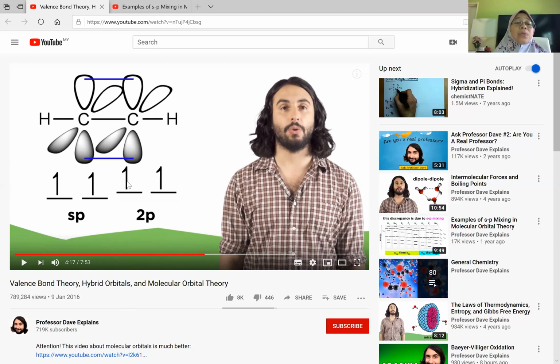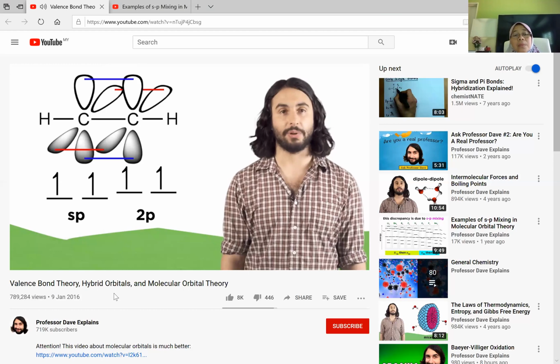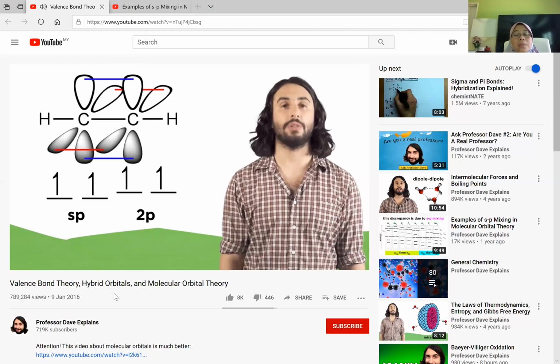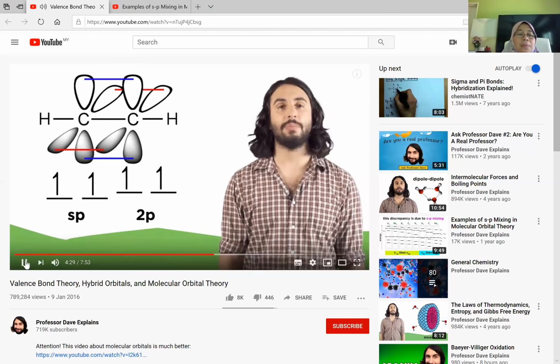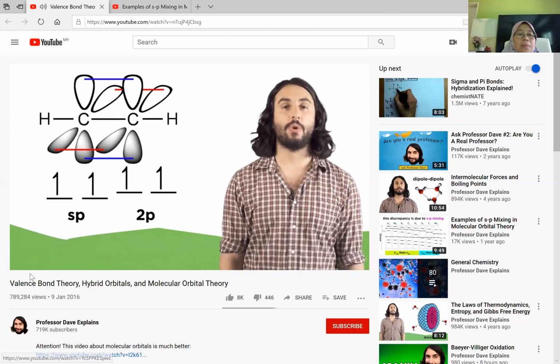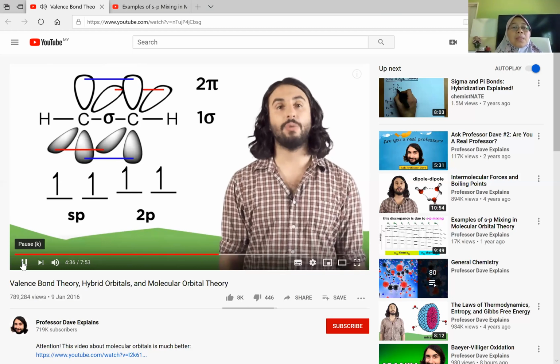So now you have 2 sets of unhybridized p orbitals from each carbon, forming the pi bonds: one from the overlap of these p orbitals, and another one from the other set of p orbitals that will extend perpendicularly from the first pair. What you end up with is a linear molecule with this propeller-like orientation of the unhybridized p orbitals, which form 2 pi bonds beyond the initial sigma bond. Right? Okay.